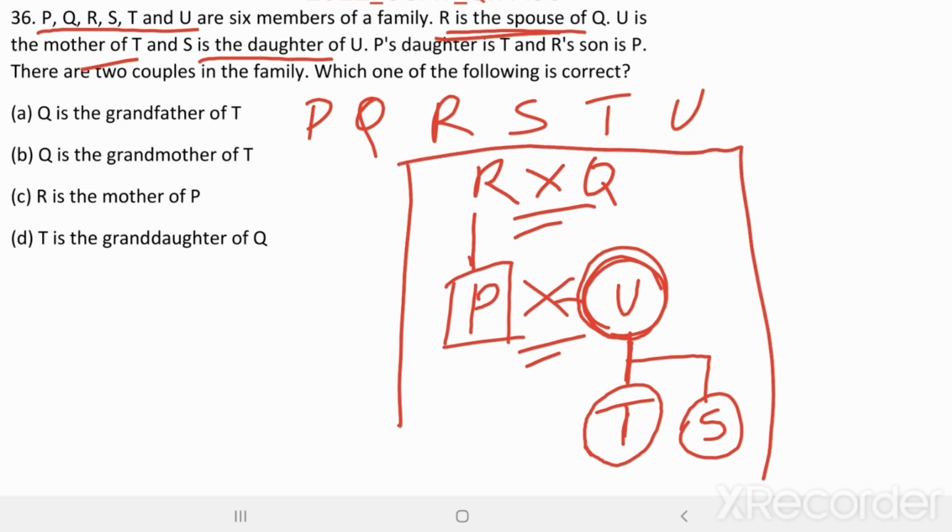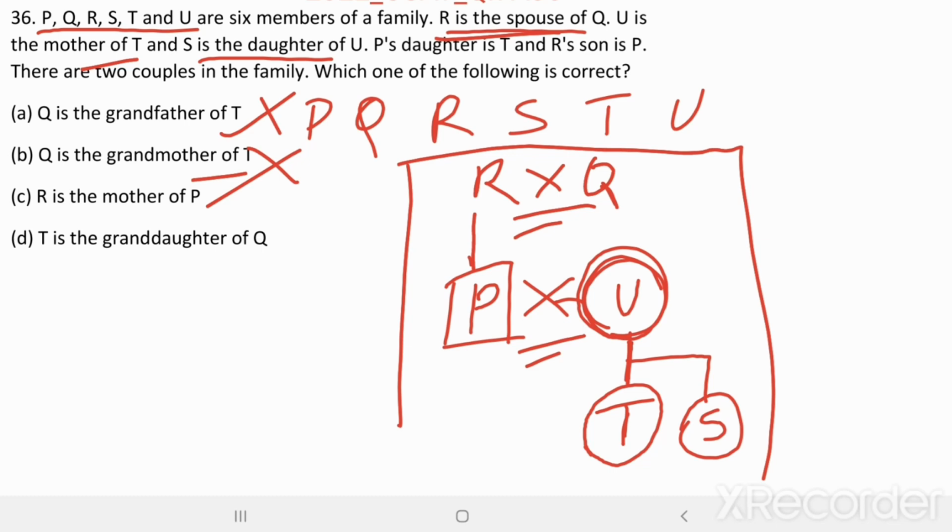Now see the first statement. Q is the grandfather of T. We don't know the gender of Q. Therefore, we cannot say Q is the grandfather of T. Q is the grandmother of T. That also we can't say, so we eliminate B also.